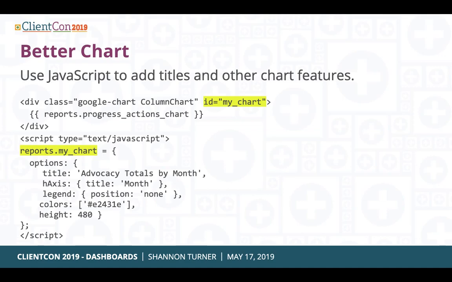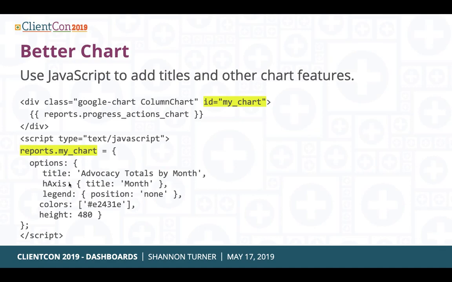So to do all of those things that I said, changing all of these different things, adding axes, labels, getting rid of the legend, we add an ID to the chart's div. Here I'm calling it my chart. And then we write a little bit of JavaScript that says, hey, this chart, reports.mychart, I want to set some options for it.